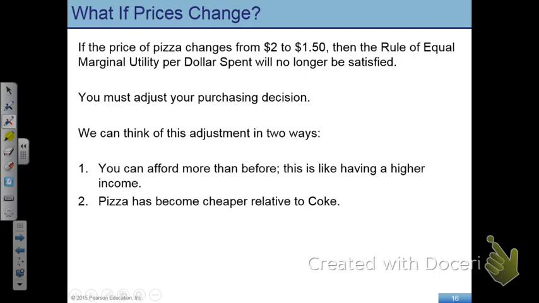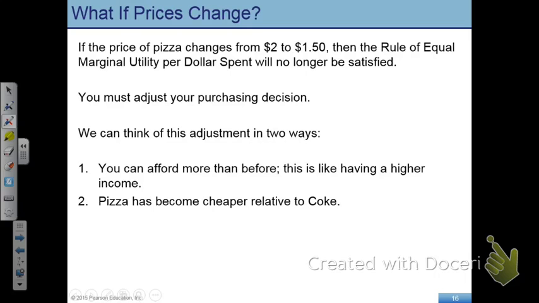First of all, you now can see that your pizza is relatively cheaper than Coke, right? Although Coke was $1 and pizza was $2, when the price of pizza goes down to $1.50, your pizza becomes relatively cheaper than Coke, which tells you that you should buy more of pizza, according to this idea of substitution effect.